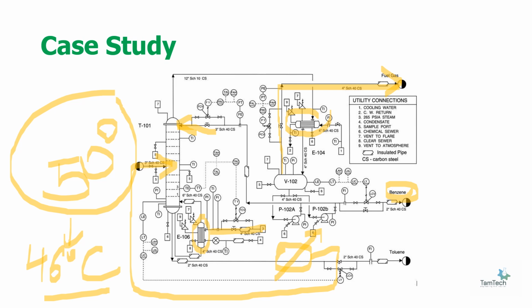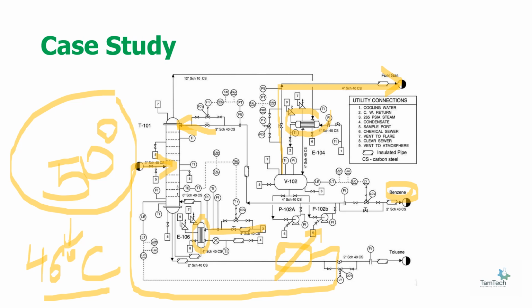It will preheat the bottom product a little bit more, and it will be sent as a feed. With the help of heat transfer, it will help you reach 50 Celsius again. So this is a very generic explanation of the distillation column temperature and pressure control that we just discussed.